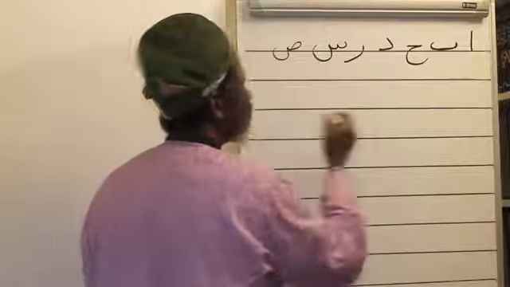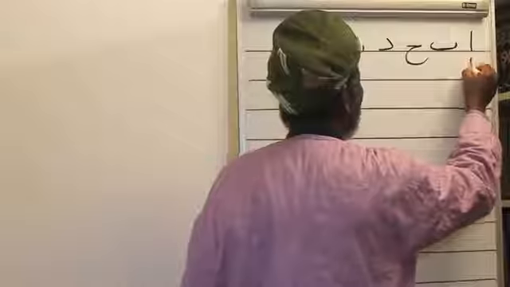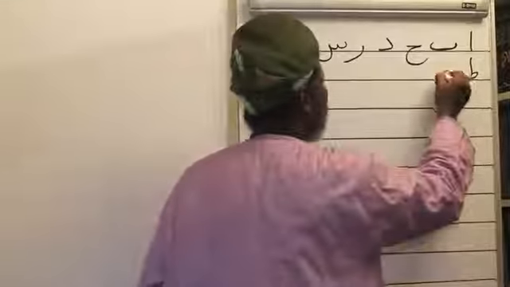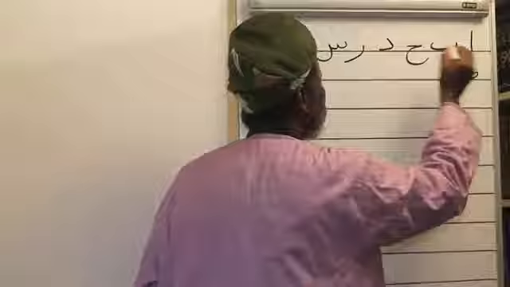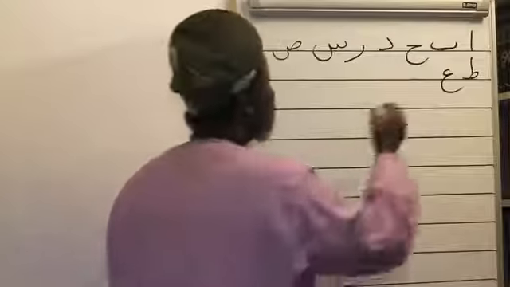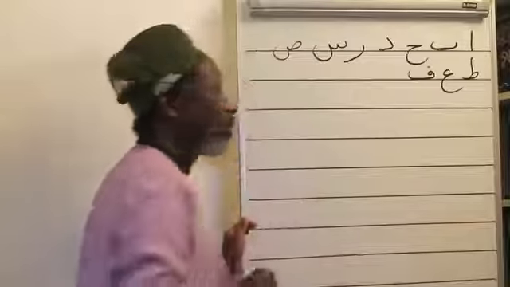Number 8 is the ta and za. Number 9, the ain shape. Number 10 is this shape. I count that as one shape and a curve.